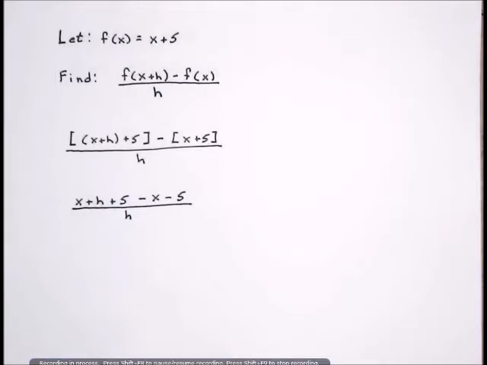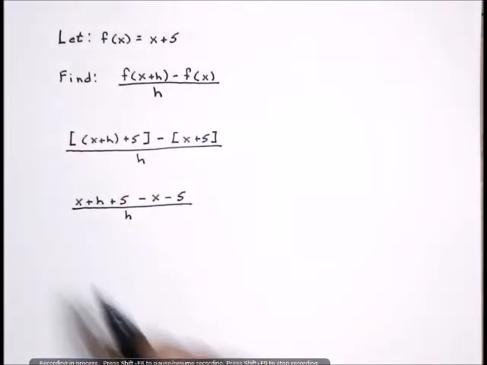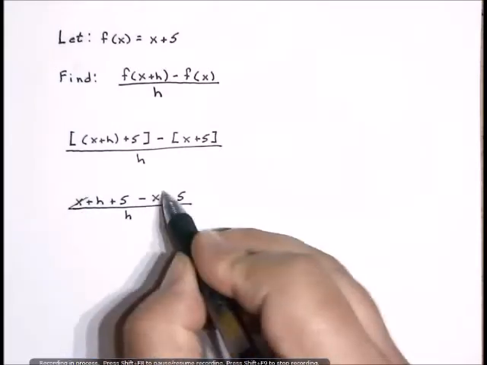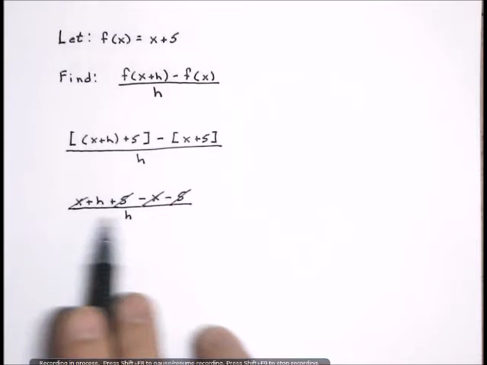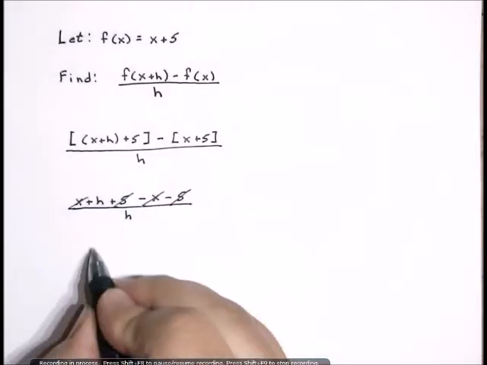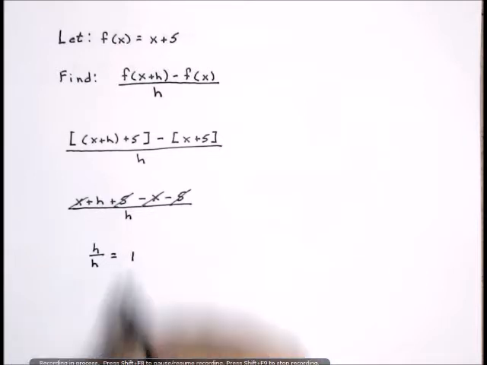Now on this type of problem, you're going to know whether you've done it right or not on this step. And you'll know you've done it right when you go to simplify the numerator and everything without an h in it goes away. So I end up with h over h which is just 1.